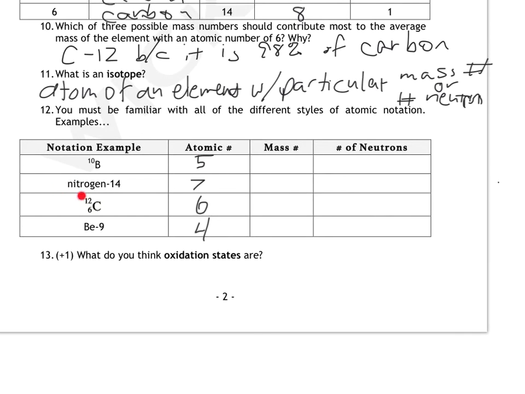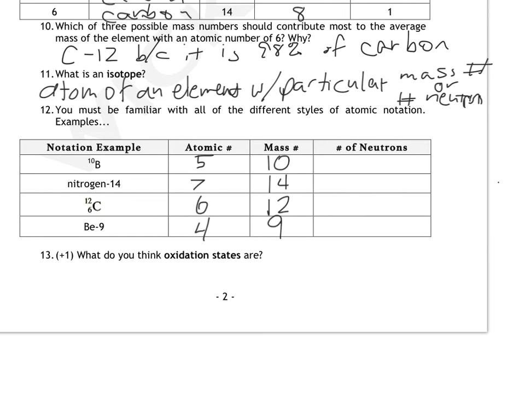Nitrogen was written out as the full element name, but you can find on table S that its symbol is N. You can look that up on your periodic table, and the bold number, the atomic number, is 7. Carbon is 6, which we've talked about. You can use a similar method to look it up if you need to. And then Be, which you can look up on your periodic table, that's beryllium, and its atomic number is 4.